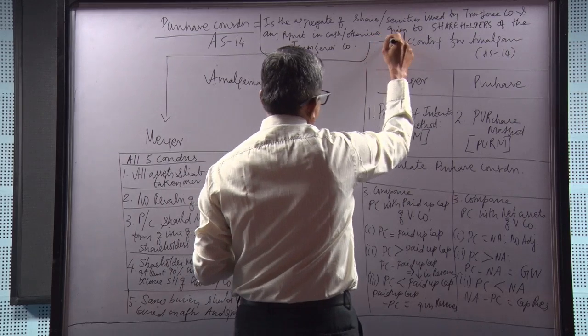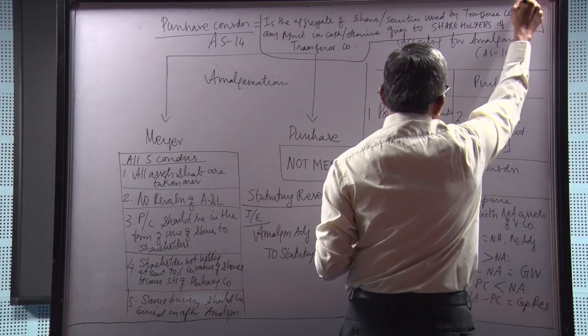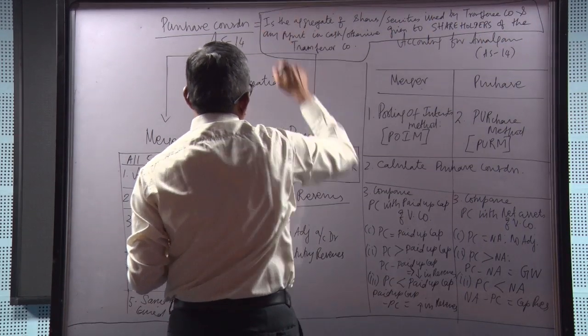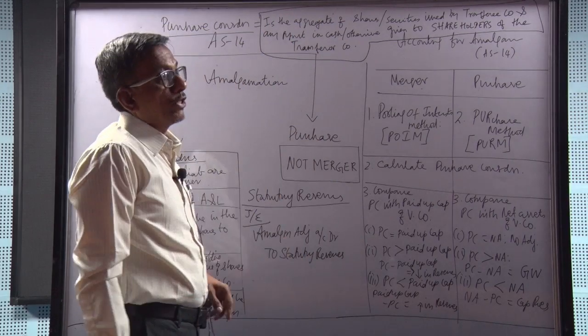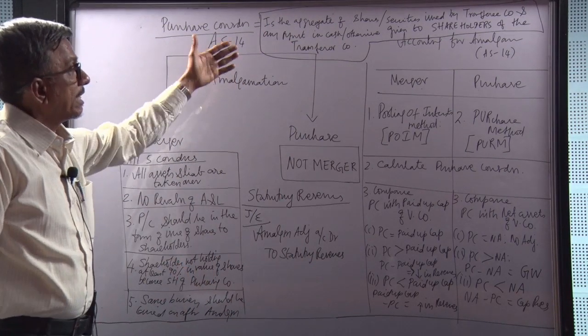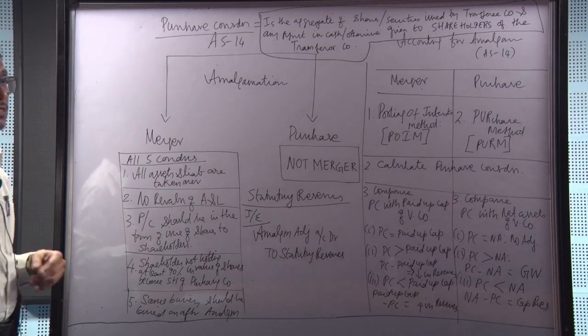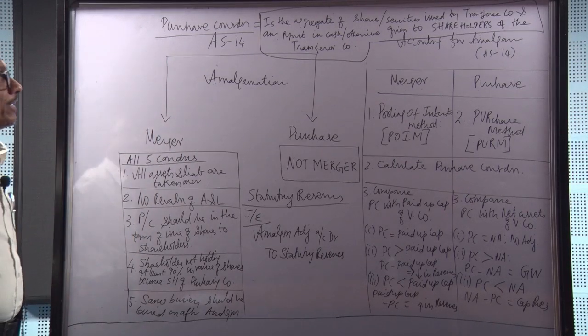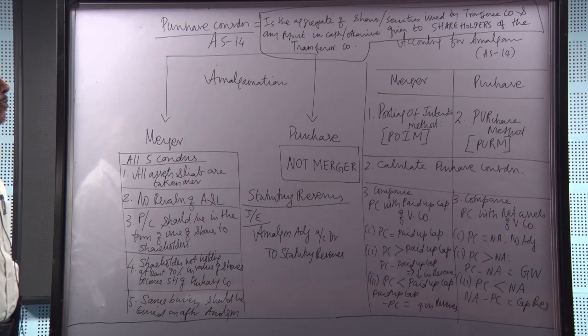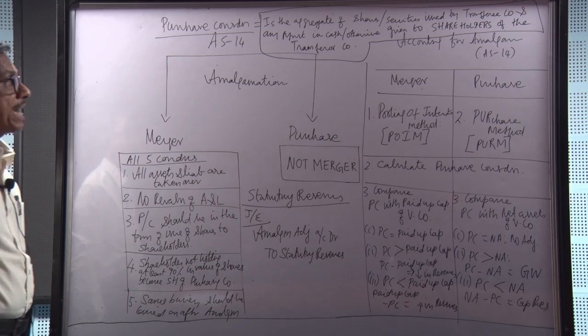So this is the most important definition for purchase consideration. I repeat, you can even note it down carefully. This is anyway there in the amalgamation standard, AS 14. It is the aggregate of shares or securities issued by the transferee company and any payment in cash or otherwise given to the shareholders.